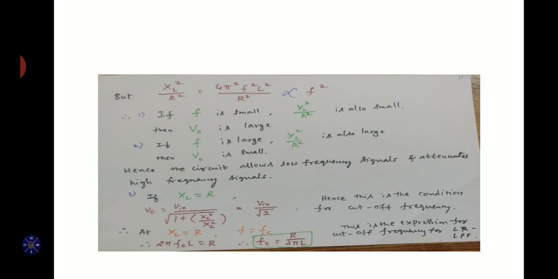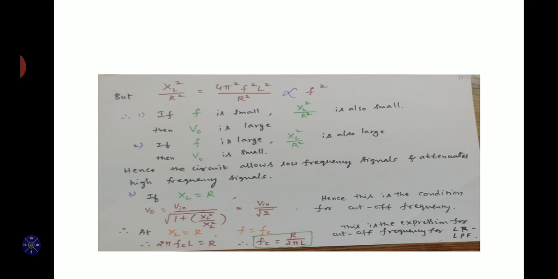But we know that XL square by R square. See, XL is 2 pi FL. Therefore, XL square by R square equals 4 pi square F square L square by R square. So, 4 pi square L square by R square is a constant. They are the constant terms.